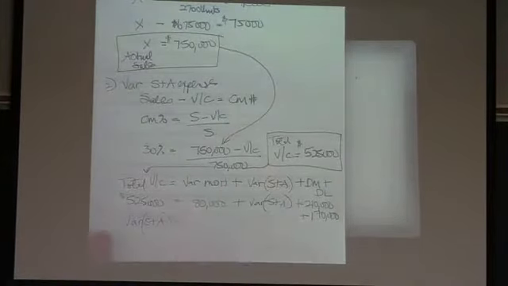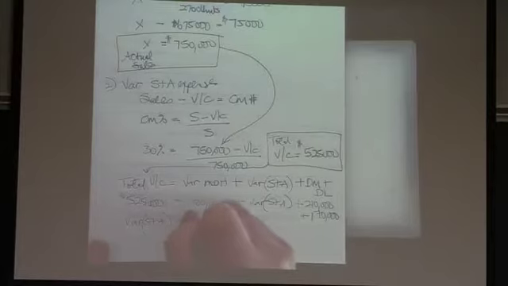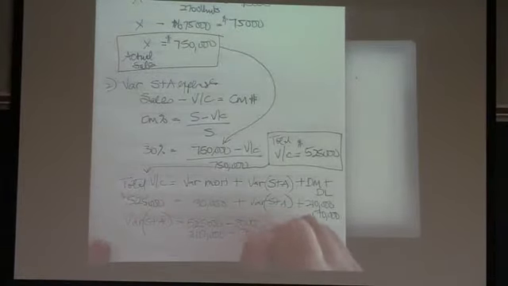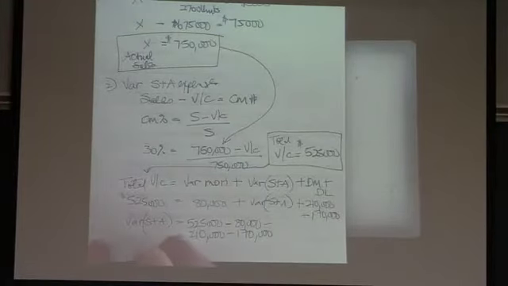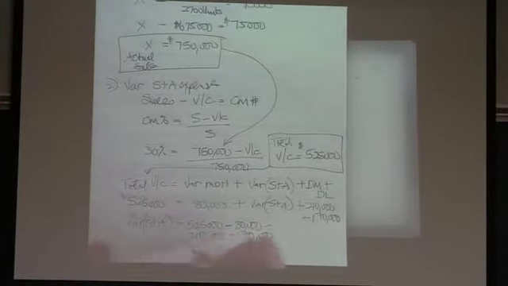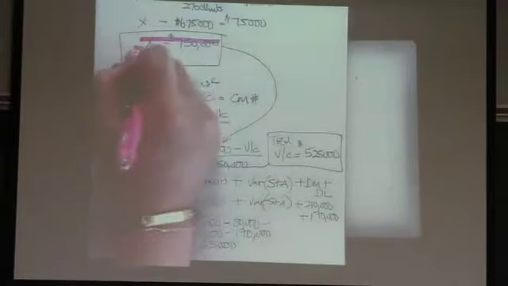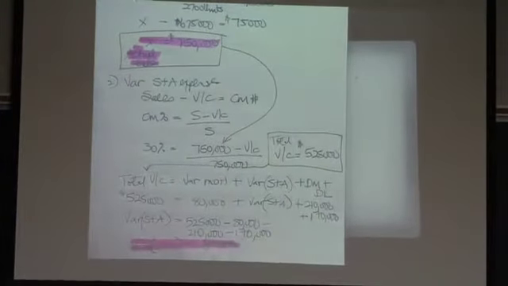So variable selling and admin is $525, minus 80, minus 210, minus 170. So variable selling and admin equals 65,000. Okay, let me just highlight that one because that's one of the required items we had to solve as well.